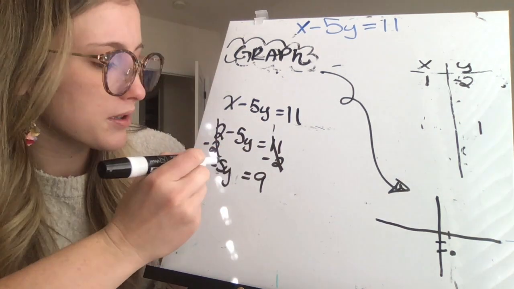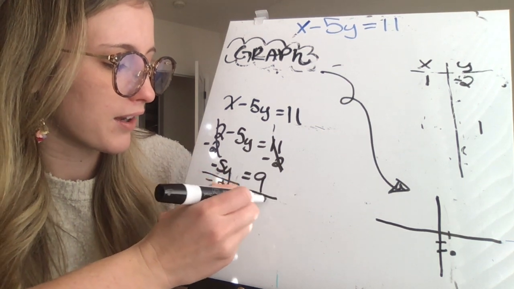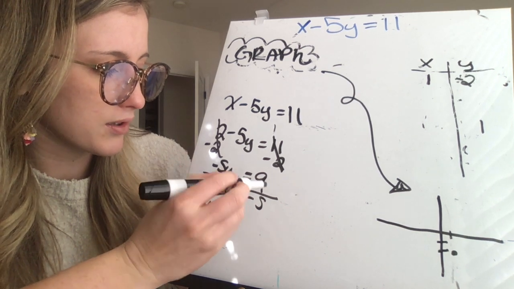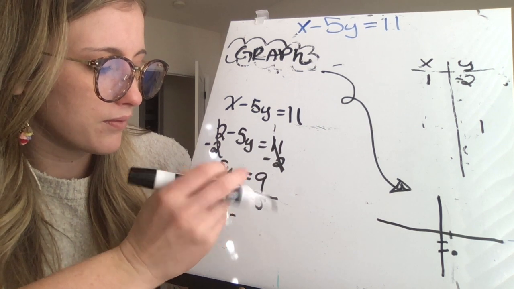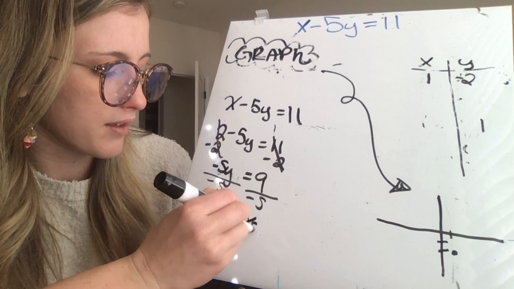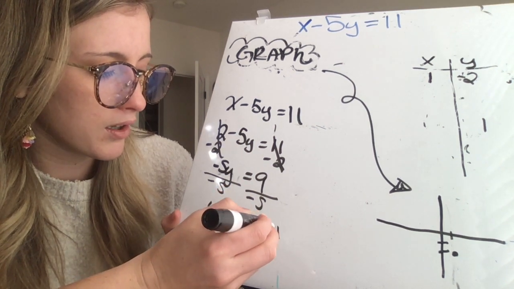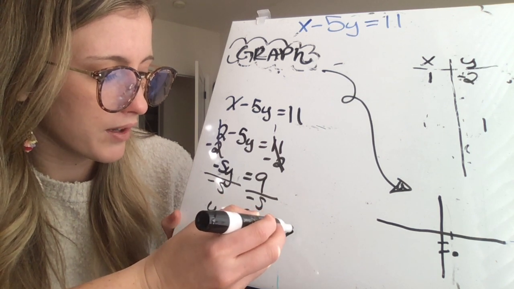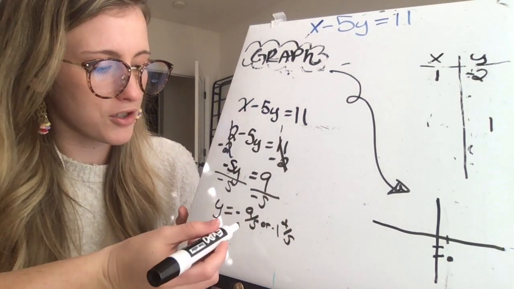We divide by -5, and we have y equals -9/5, which is the same as -1 4/5. So we can go ahead and put that in our chart.